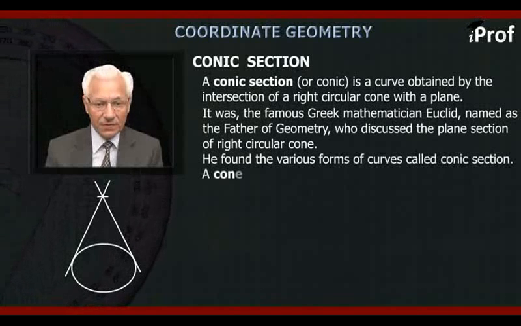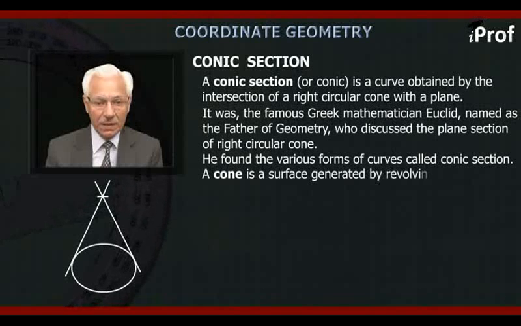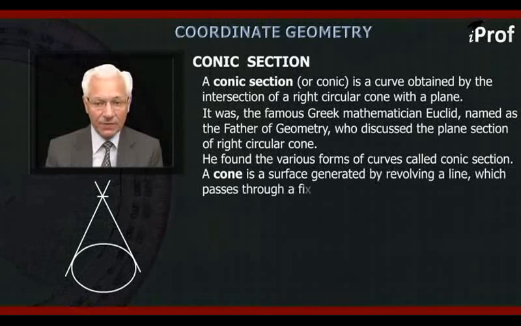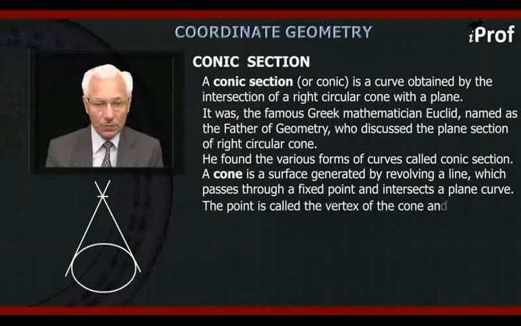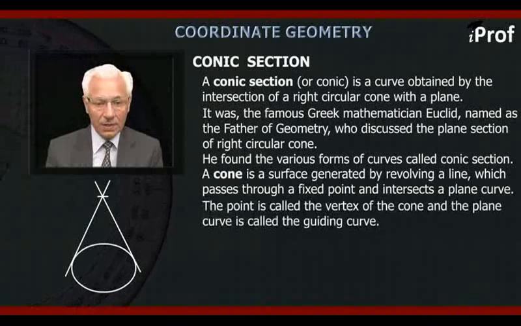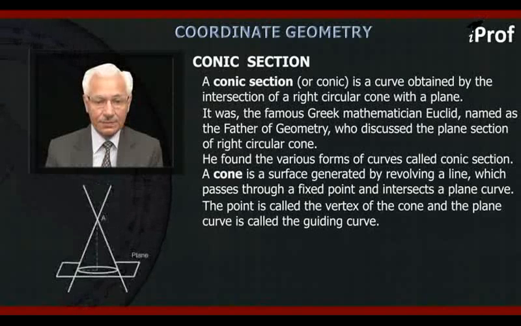A conic is a surface generated by a revolving line which passes through a fixed point and intersects a plane curve. The point is called the vertex of the cone, and the plane curve is called the guiding curve.